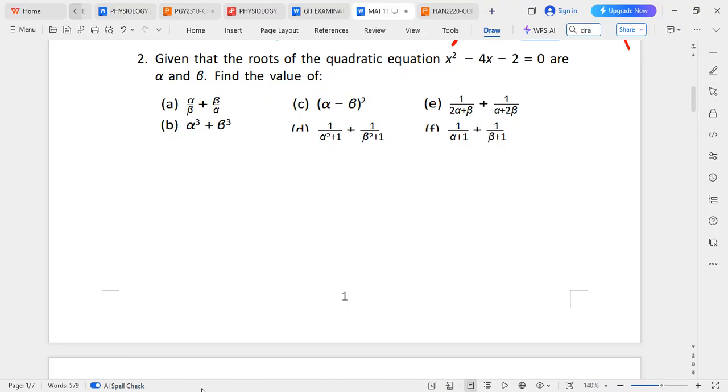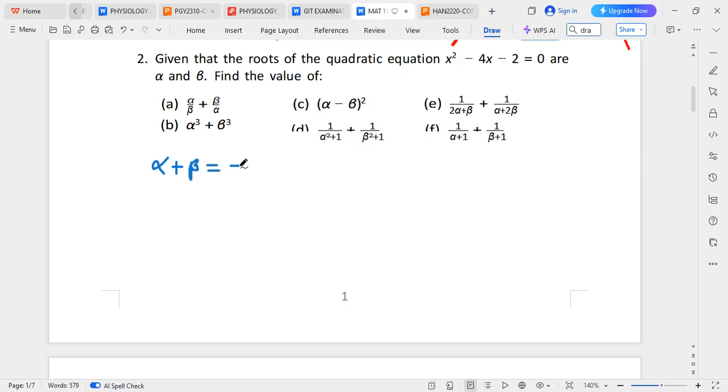So it's basically you applying the principle of maximums and minimums. I hope it makes sense, all right? The next question is saying, given that the roots of the quadratic equation x squared minus 4x minus 2 is equal to 0 are alpha and beta, find the value of the following. Before you find anything for roots of a quadratic, you always need to find alpha plus beta and alpha times beta.